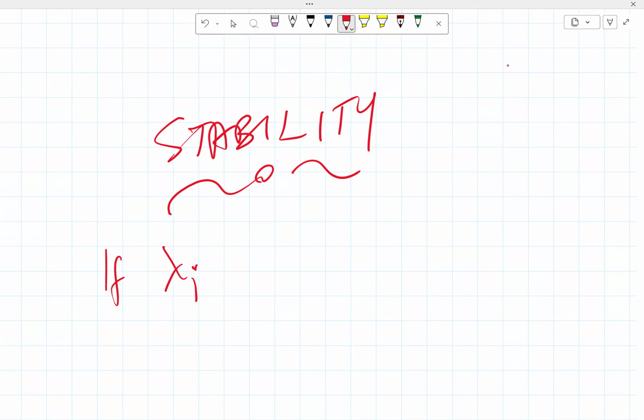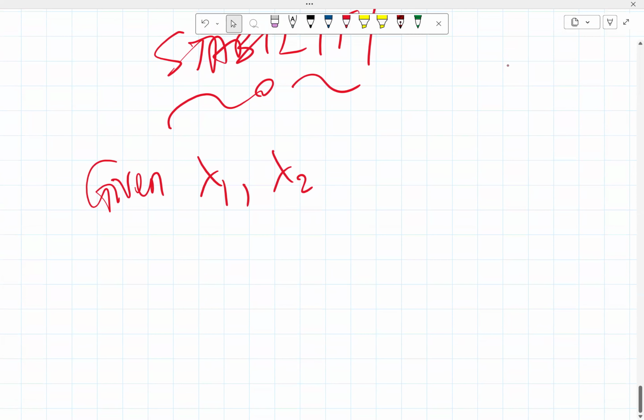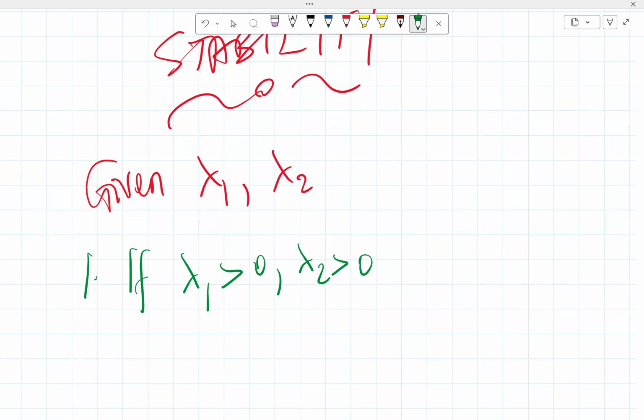Given lambda 1, lambda 2, we have the first case. If lambda 1 is greater than 0, and lambda 2 is greater than 0, we have unstable nodes.